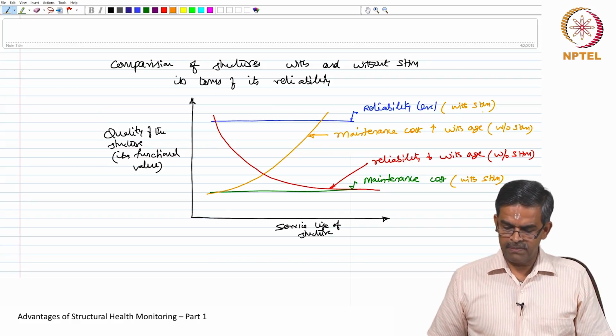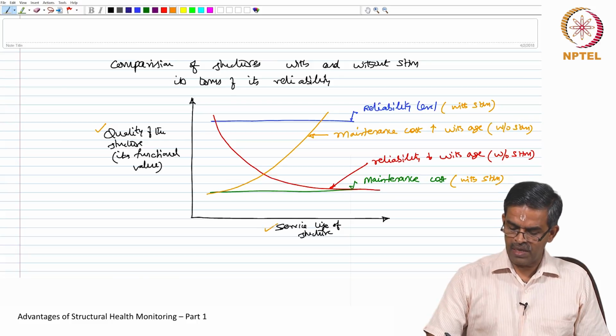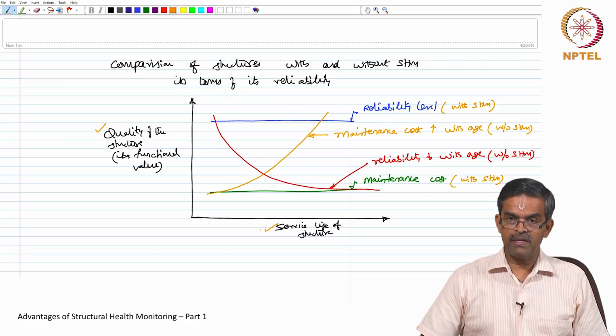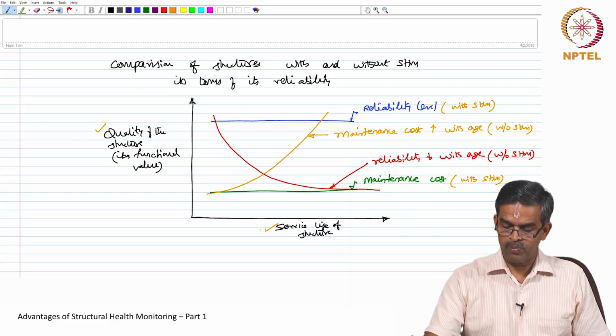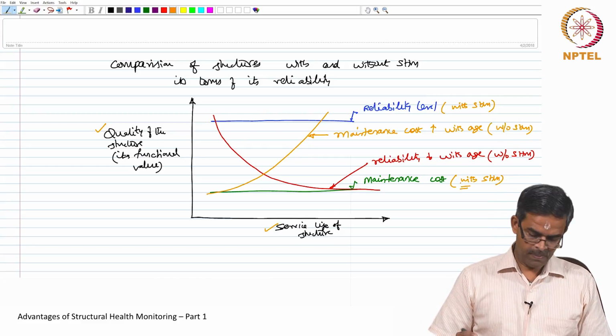So, deploying SHM, enhancement in the quality of the structural system and in service life can be achieved with more or less a standard maintenance cost or a lower maintenance cost, provided you deploy SHM using proper methods.